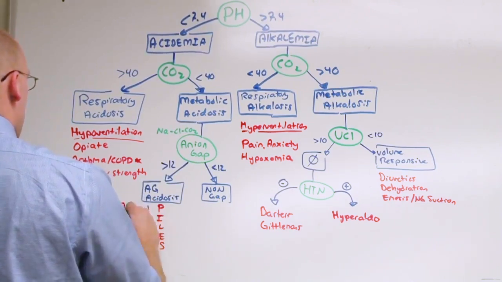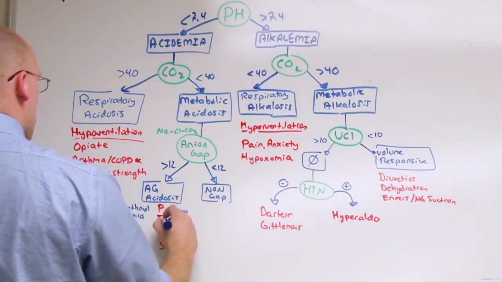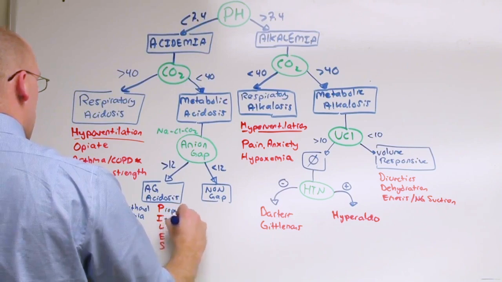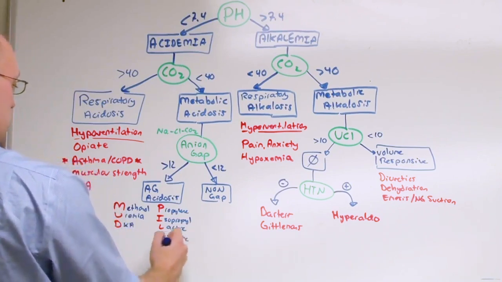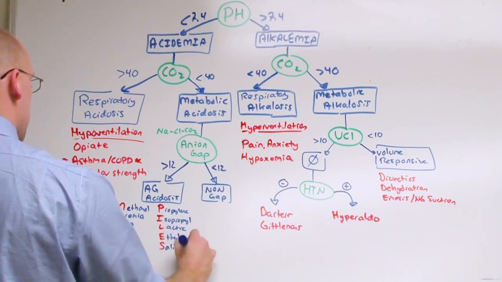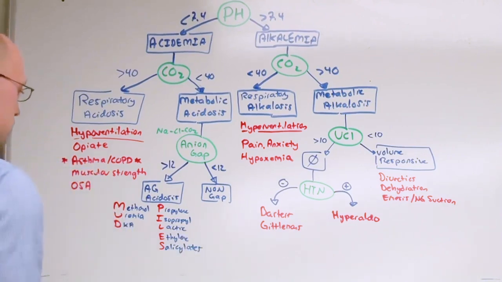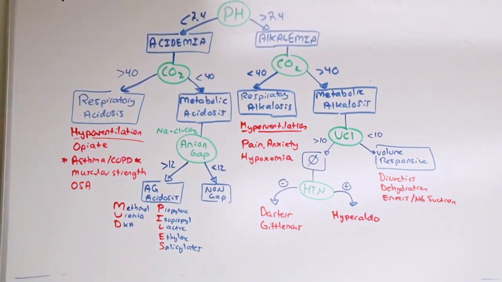Methanol, uremia, DKA, propylene glycol, isopropyl alcohol, lactic acidosis, ethylene glycol. Ethylene glycol is going to present with the crystals in the urine. This is antifreeze. And salicylates. Just have to memorize it.